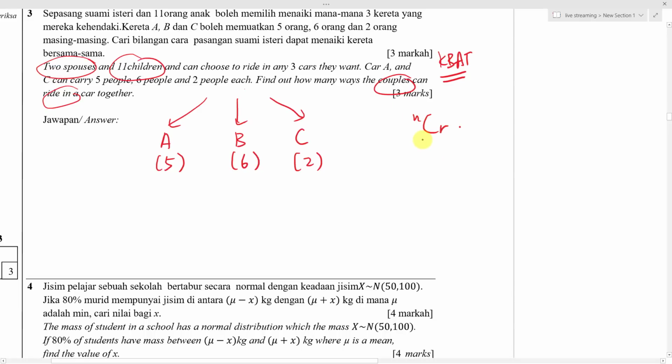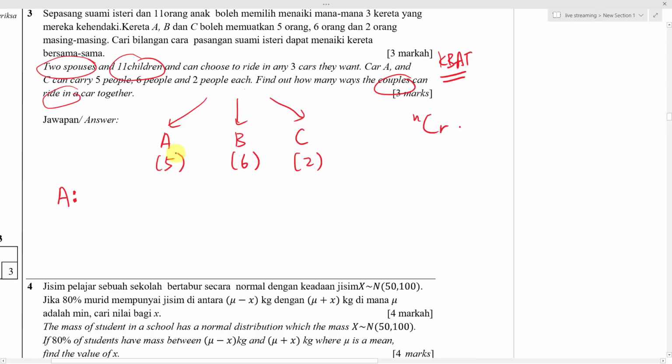Alright, then now I want to think how I can allocate them over here. Because the couple can be in car A, car B, or car C, I assume the couple is in car A first. Car A can fit about 5 people, right?